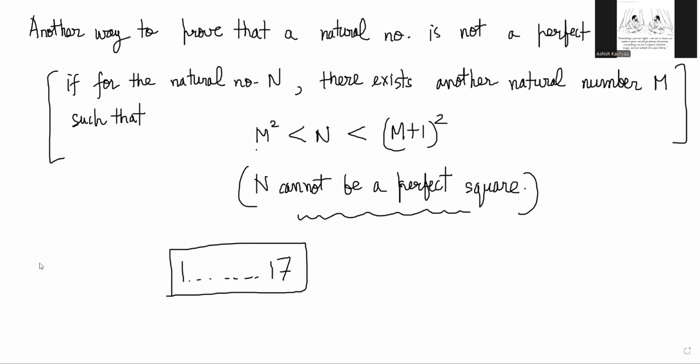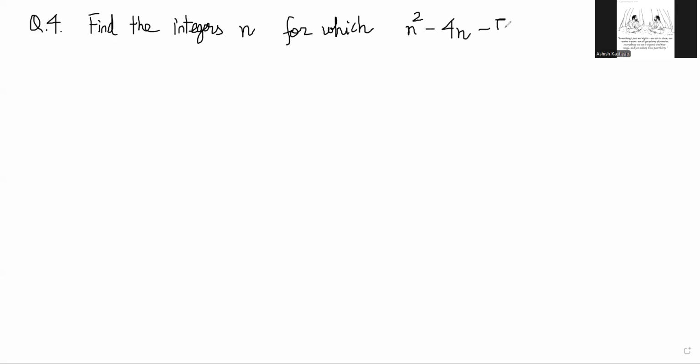The next problem is this one. Find the integers small n for which n square minus 4n minus 5 is a perfect square.